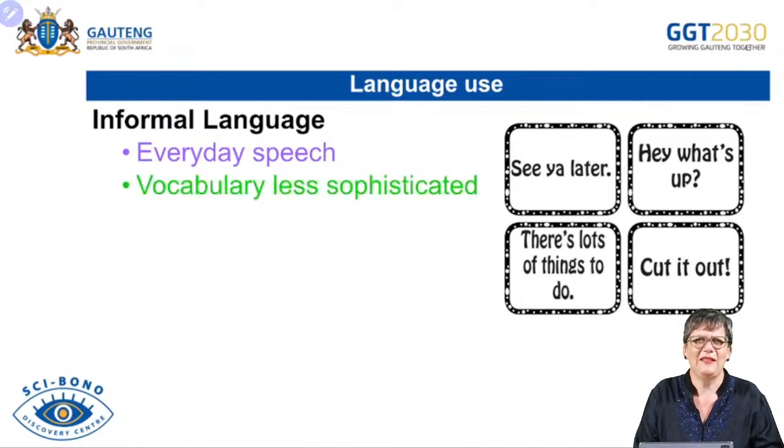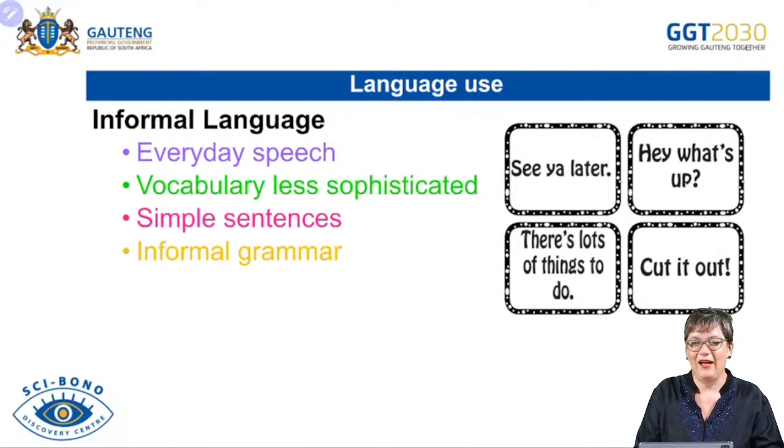It's not as sophisticated. And obviously, teenagers love informal language. It's simple sentences and it's informal. So make sure you look at the language very carefully. They might even include some slang.